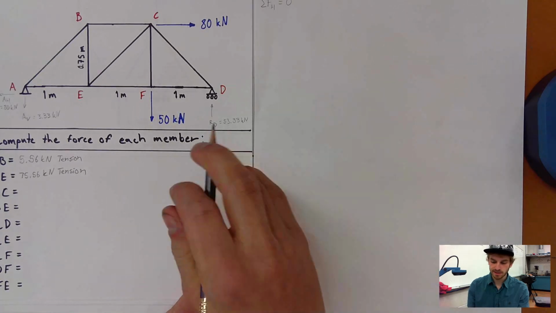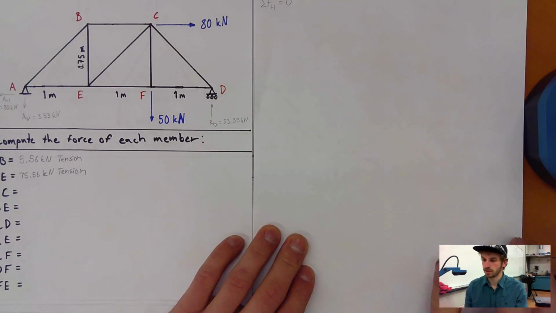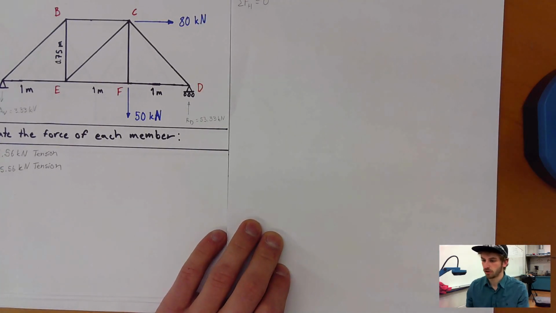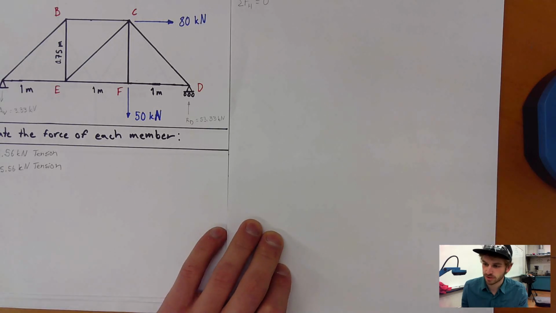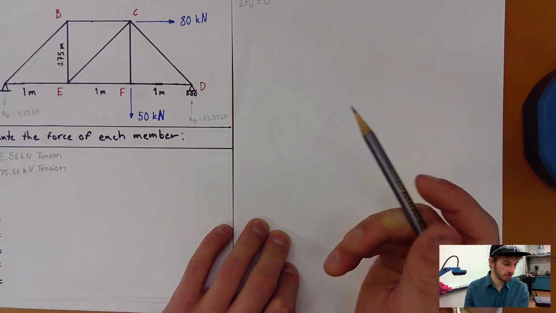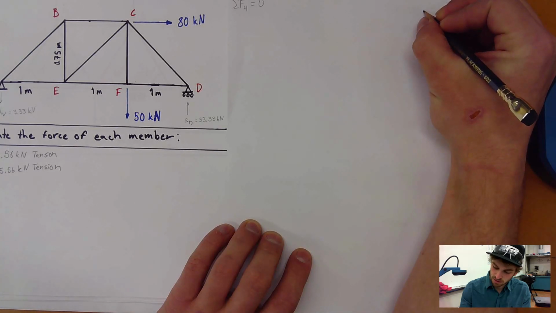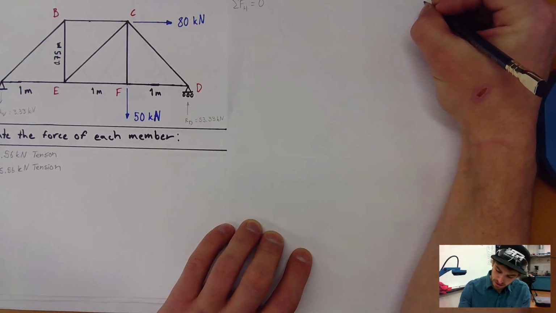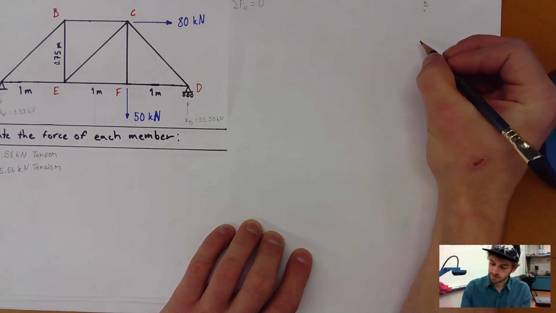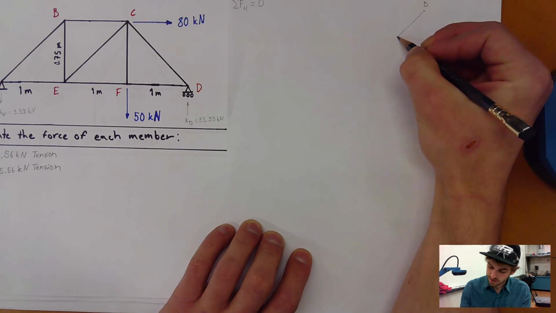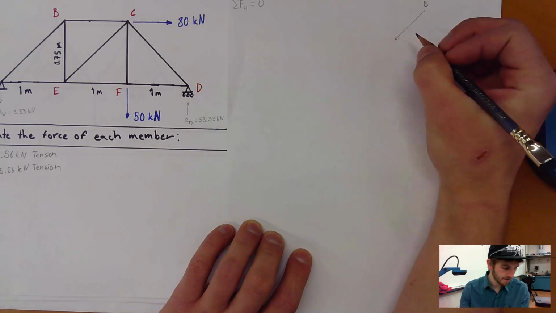So let's do our little drawing again. In the first problem I did the drawings afterwards, but I think it'll be helpful to you to do them first. So we've got our little joint B right there. Call that B. And we'll have an arrow going down.